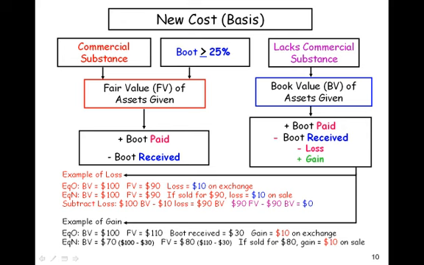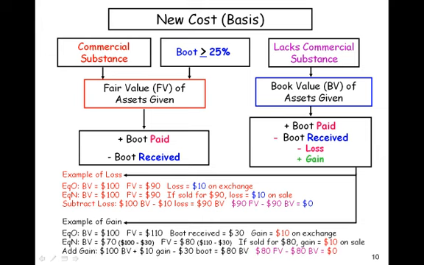But didn't we already recognize this same $10 gain when we made the exchange? We certainly can't recognize the same gain twice. Therefore, how can we avoid recognizing this gain a second time when we sell the equipment?